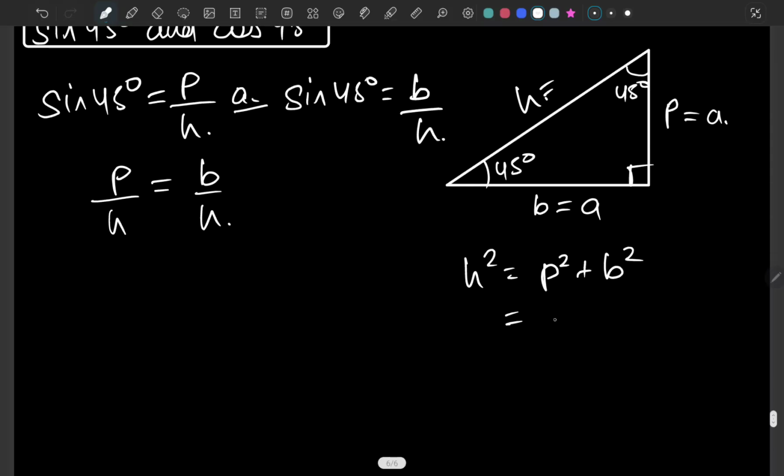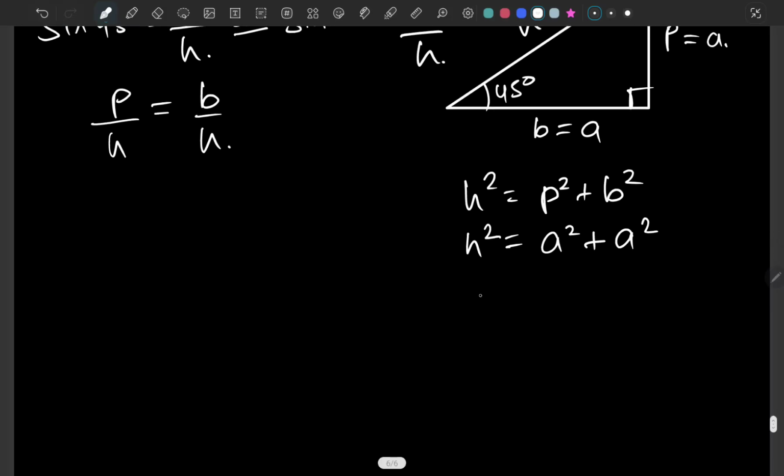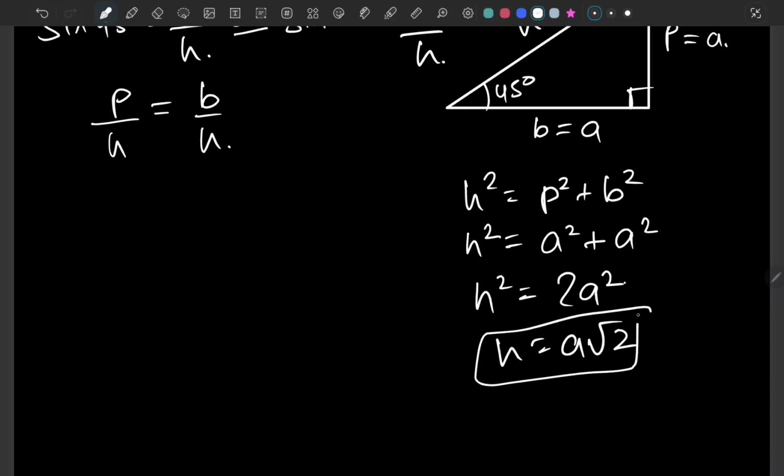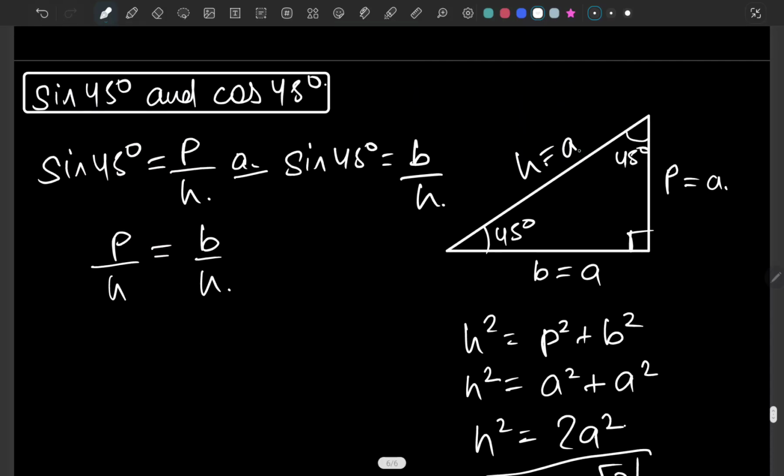It means it's A squared plus A squared, since B is also A, so H squared equals 2A squared. It means H comes out to be A root 2, right? So the value of H is A root 2 here.